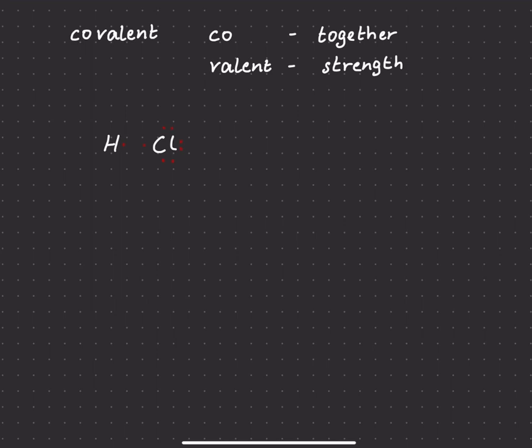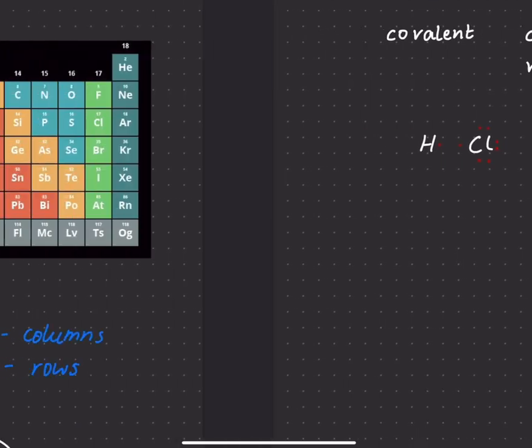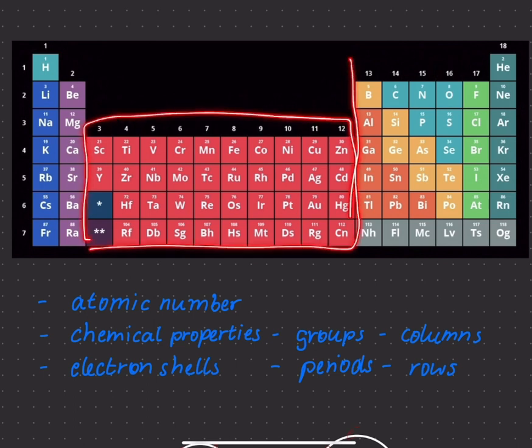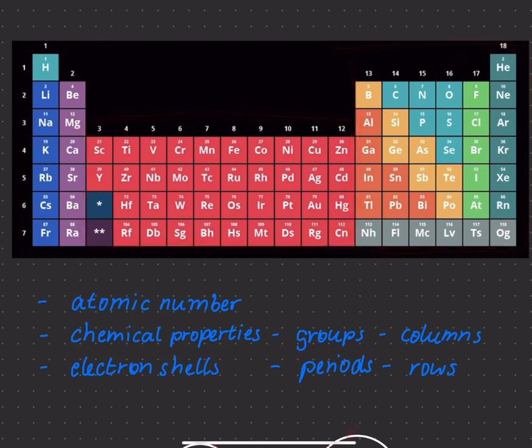The reason why chlorine is in group 17 and not in group 7 is because of the transition metals here. They are counted before, so we have chlorine over here, but it has 7 valence electrons, and the transition metals here in this block, they are counted before this entire block here, and that is the reason why we come up to the group number 17 and not to the number 7.